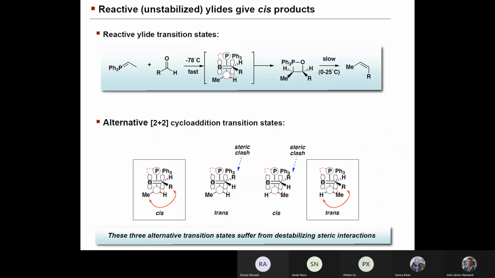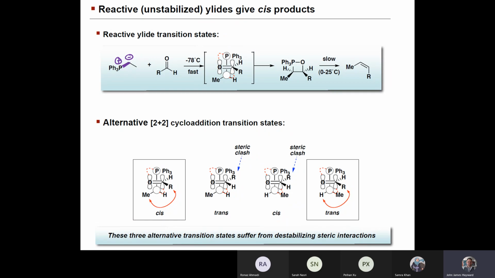Okay, so let's look at reactive ylid transition states. So I'm going to draw that as P plus, carbon minus. So when that interacts with an aldehyde, there are a whole bunch of things going on.